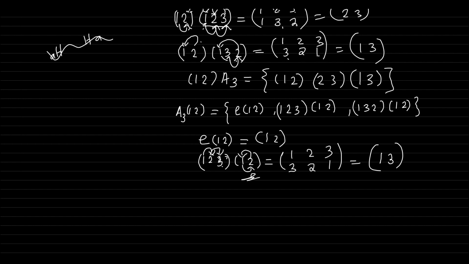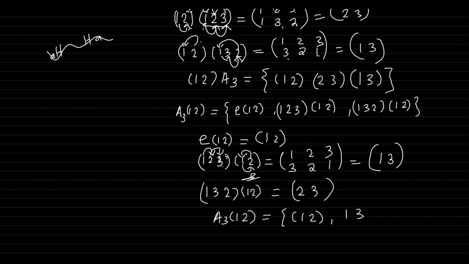And (1 3 2)(1 2), in the same way, is equal to (2 3). So the right coset is equal to {(1 2), (1 3), (2 3)}.